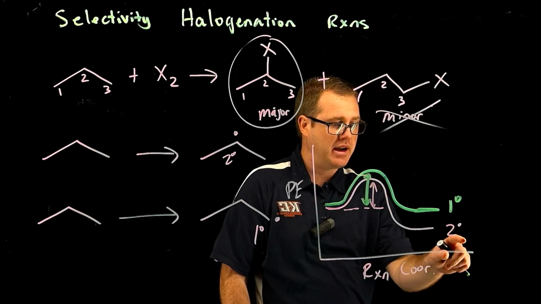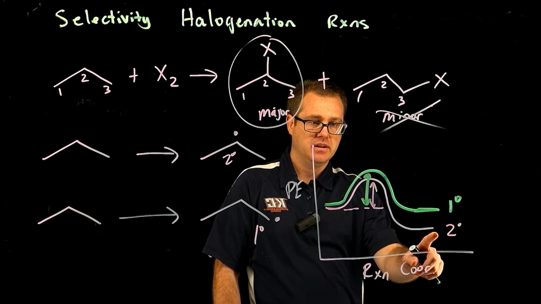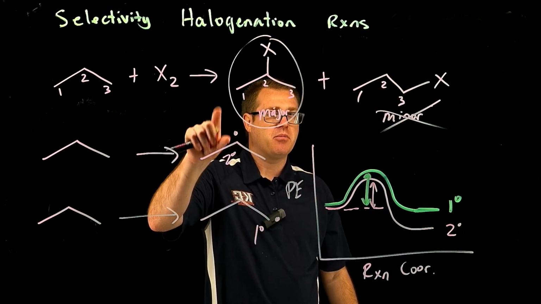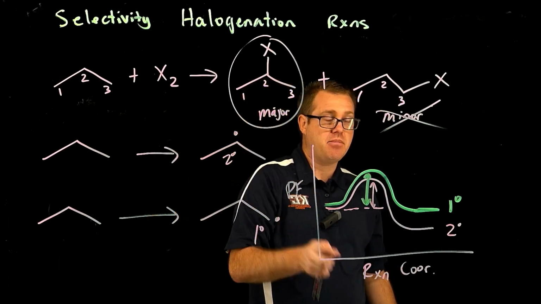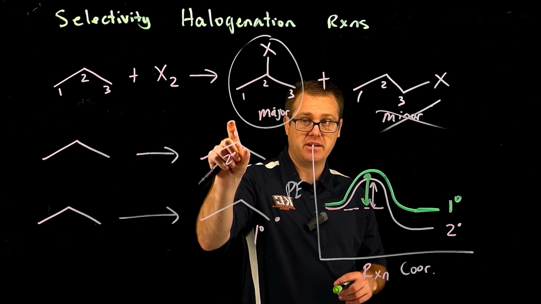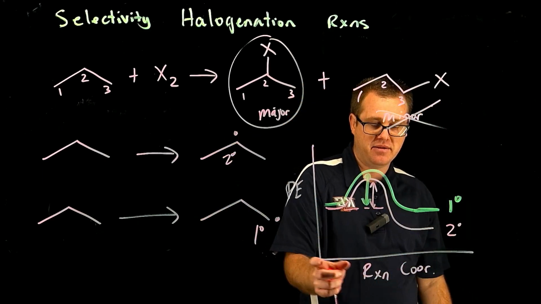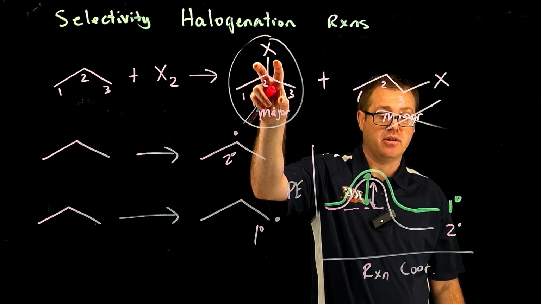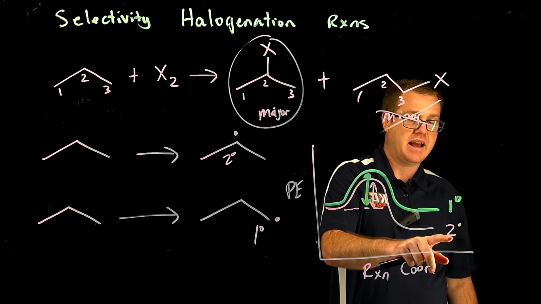Because it's lower in energy when it gets to this side. Now, why is this more stable? Remember hyperconjugation. So go back to that principle there. Hyperconjugation helps to stabilize this radical. But from an energetic perspective, that is why this product is going to be favored, because it has a lower energy of activation and it's more stable.